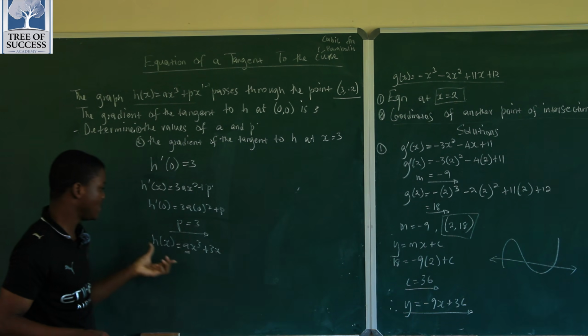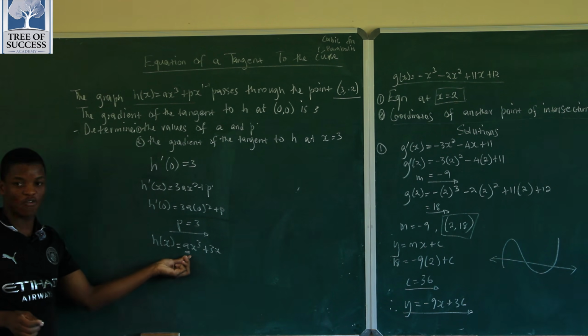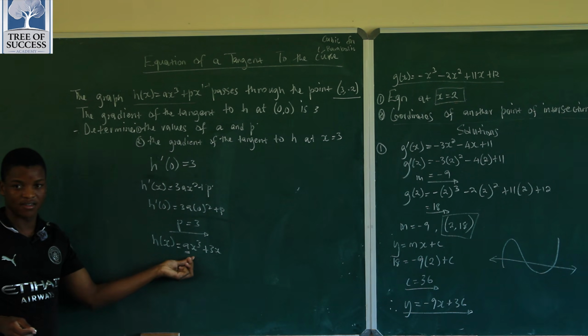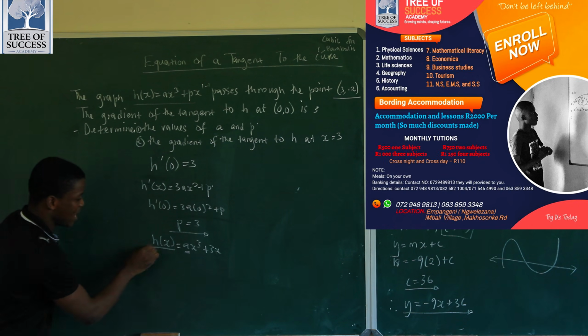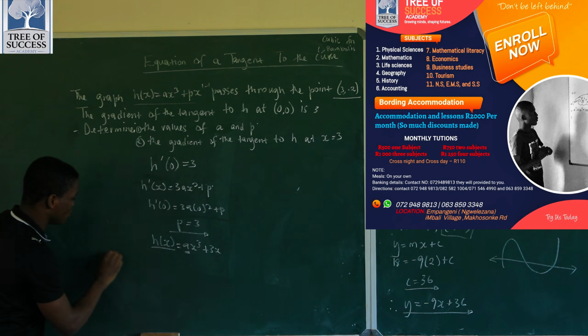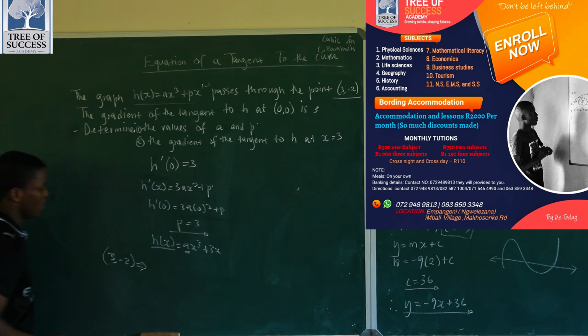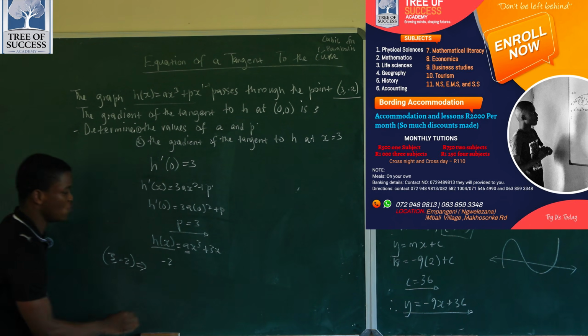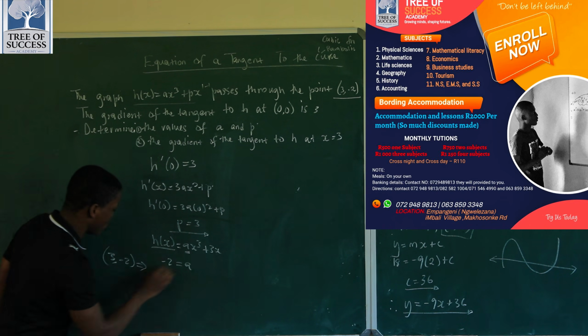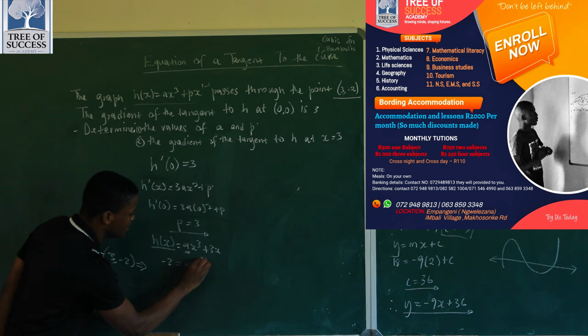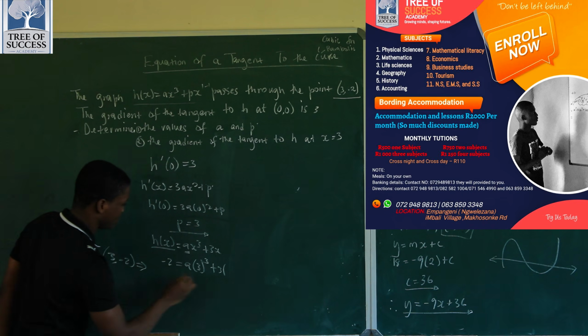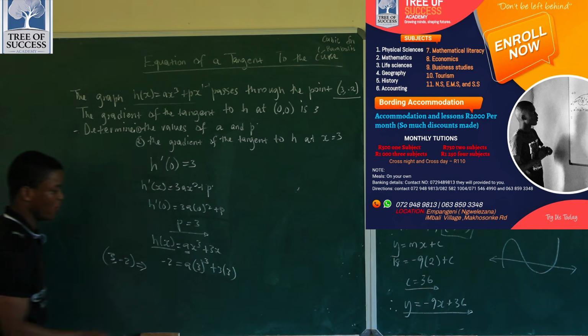So we can substitute this point here and get the value of a. So this is y, the point has coordinates 3 and -2. So if we substitute this point in this equation, -2 equals a times 3 cubed plus 3 times 3. Then we can solve for a.